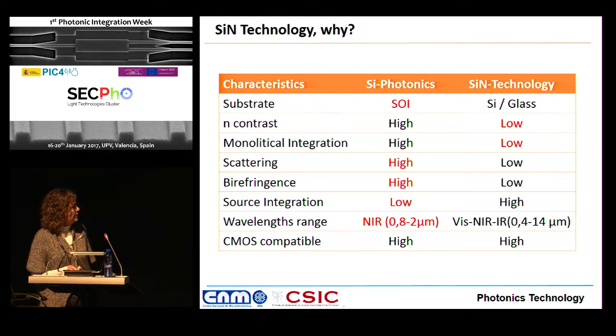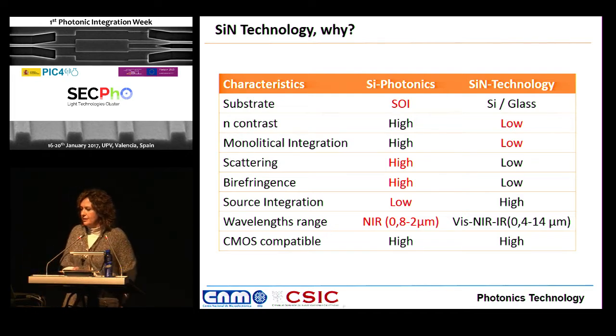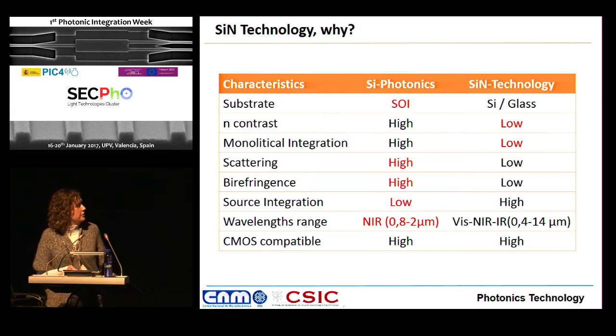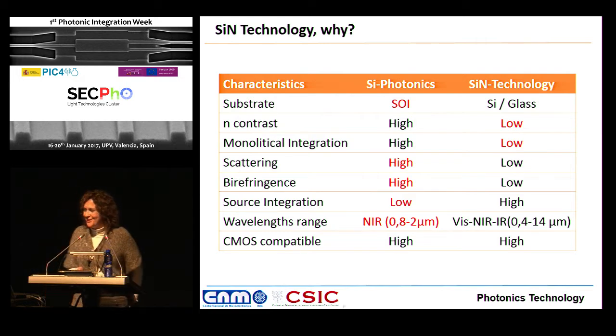Also, the source integration and, of course, the wavelength range is wider in the case of silicon-nitride technology. So, due to those characteristics, we try to go with the silicon-nitride technology.